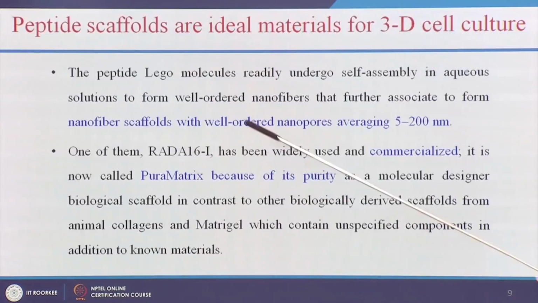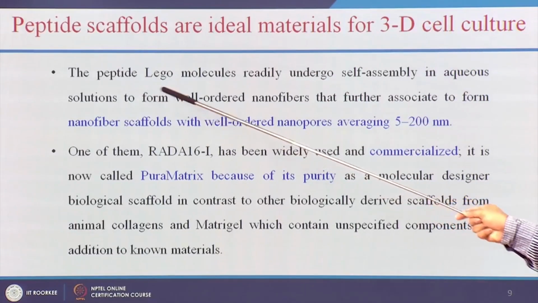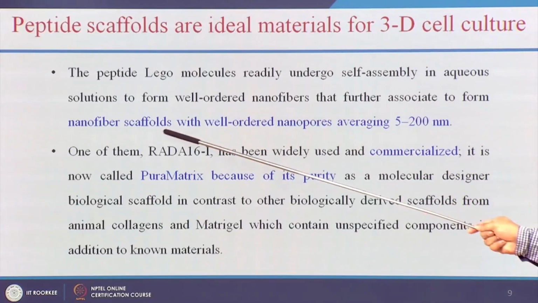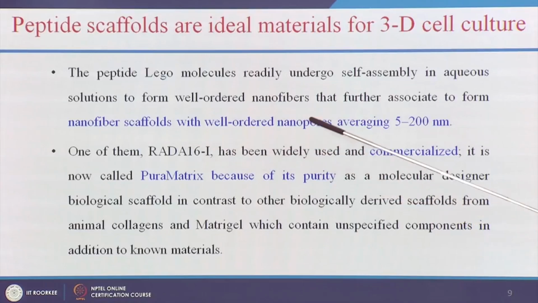Let us see how this nanofiber scaffold can be made using these peptides, and how it could be useful for 3-dimensional cell culture. The peptide Lego molecules readily undergo self assembly in water and form nanofibers, and these nanofibers join together and form the nanofiber scaffold with a pore size of 5 to 200 nanometer.